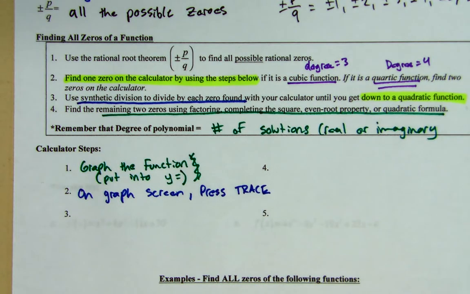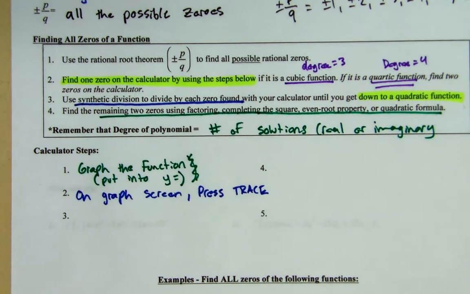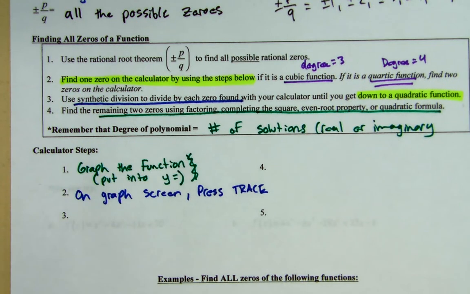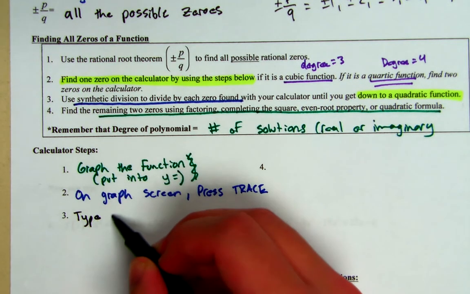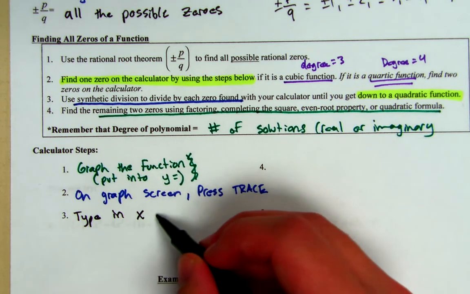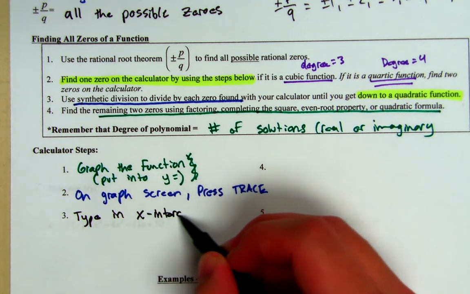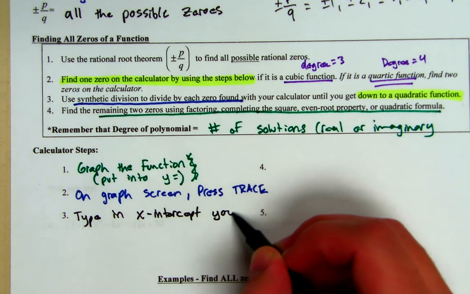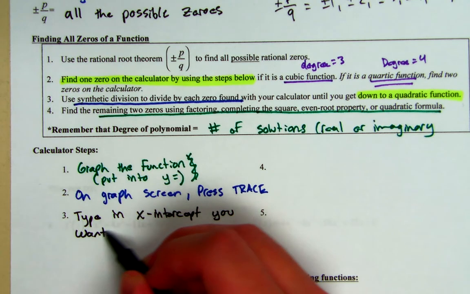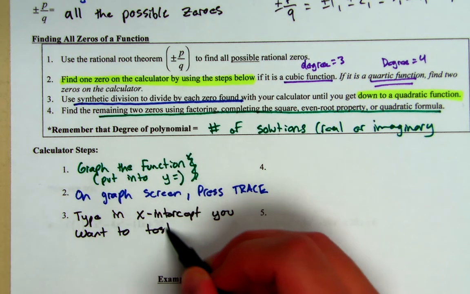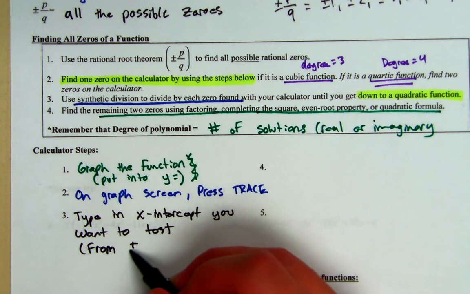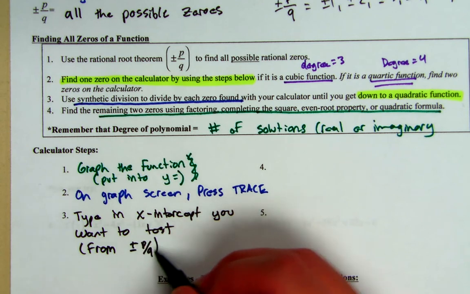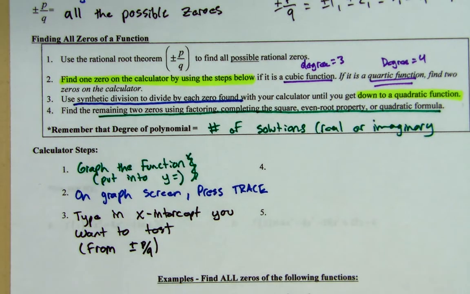Now, next, from our list of P's and Q's, you're going to type in the x-intercept you want to test. And that's from your plus or minus P over Q list.